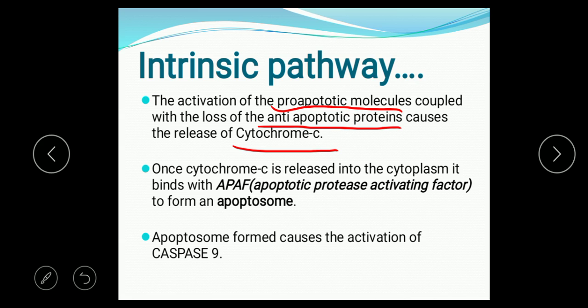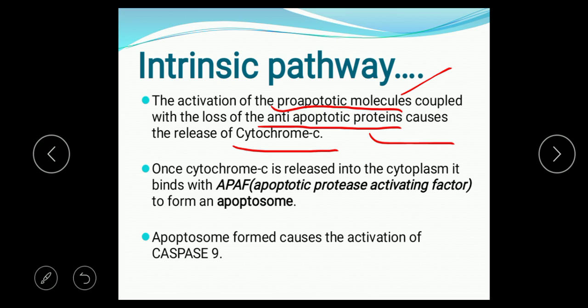It is actually a talk of concentration gradient here. Whenever there is a high concentration of pro-apoptotic molecules than anti-apoptotic molecules, then the release of cytochrome C will take place, means the cell will go for the apoptosis process.